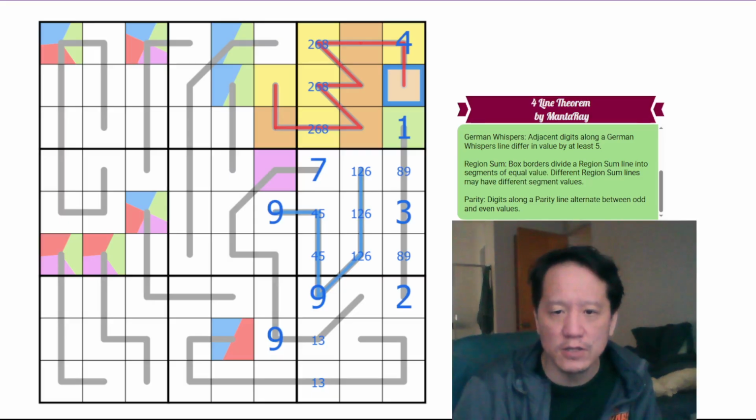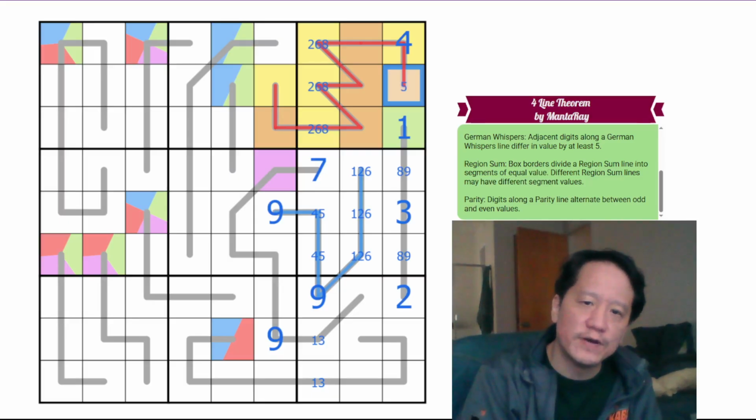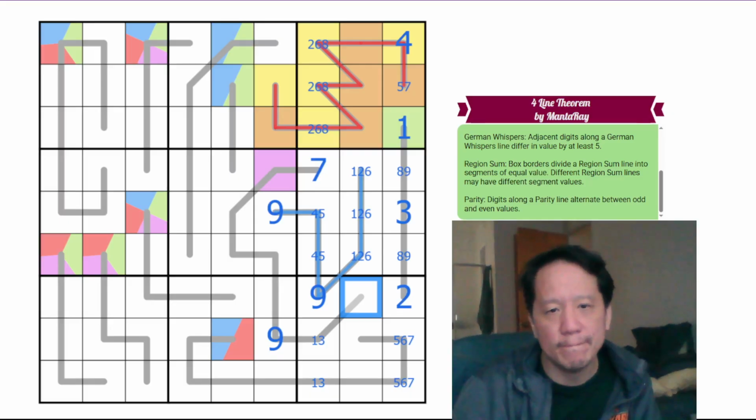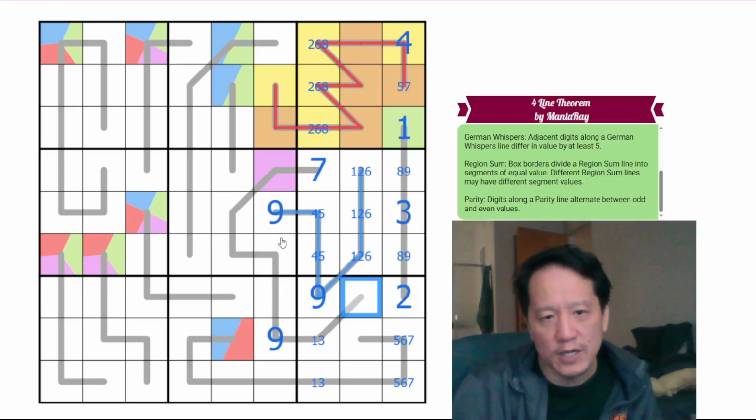Remaining digits in column 9 would be 5, 6, or 7. No 6 here, obviously, so this would be 5, 6, or 7. This is 1 or 3. 2 cannot be any of these. So it seems okay-ish.